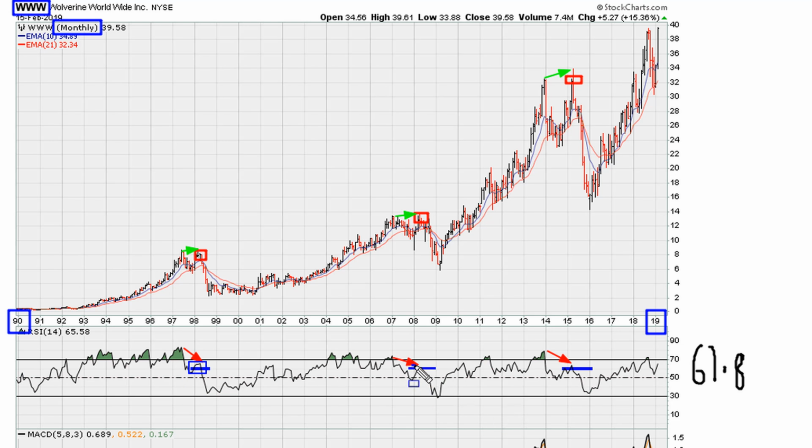Uniform activity above 61.8, back below it. Uniform activity above 61.8 and back below it. So there we have negative divergence, resistance around 61.8, and also we have uniformity rejection around 61.8, which makes for the following area, ultimately leading to major reversals lower, major reversals lower, major reversals lower.